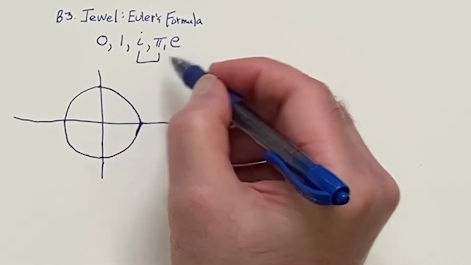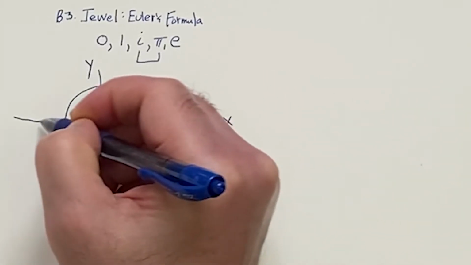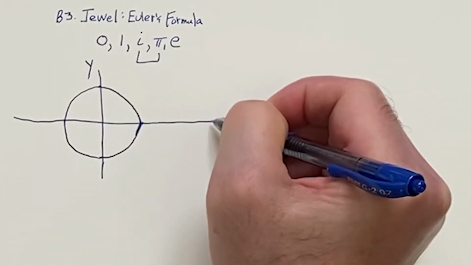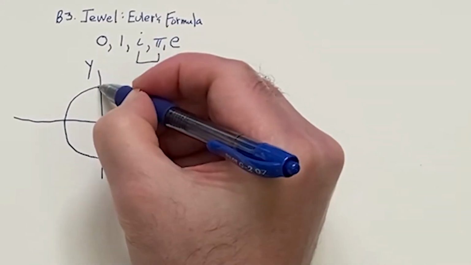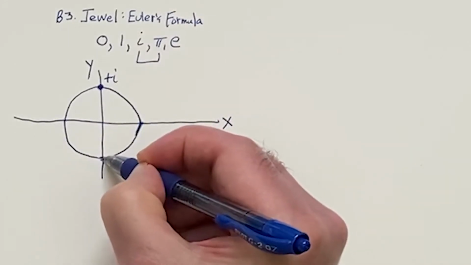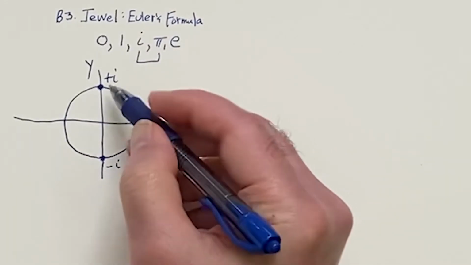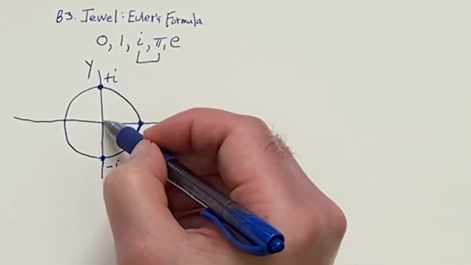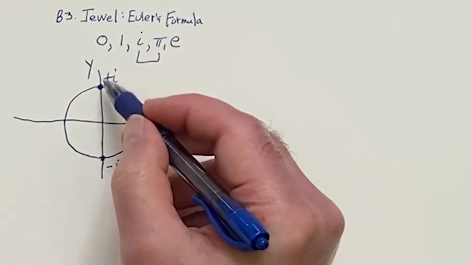So this is y and this is x, and you can consider the x-axis as the real axis and the y as the imaginary. So this point up here is plus i, and this one here is minus i. Technically it's x equals 0, y is equal to i. It's totally imaginary.